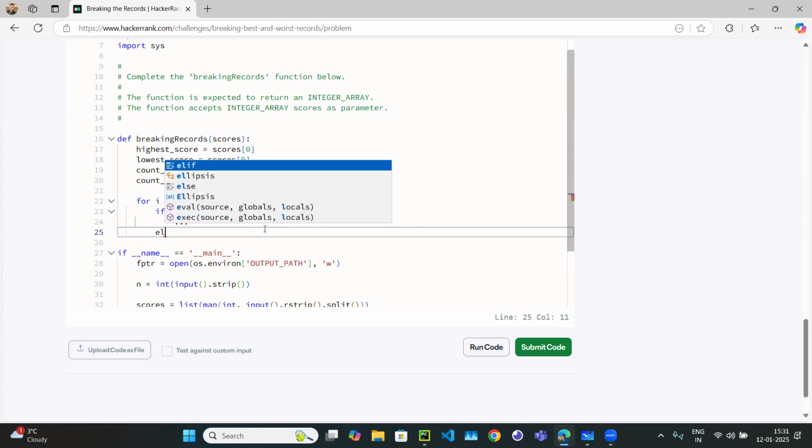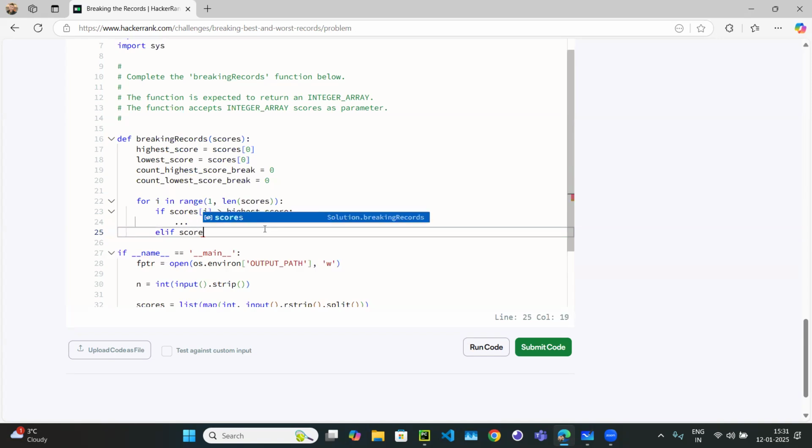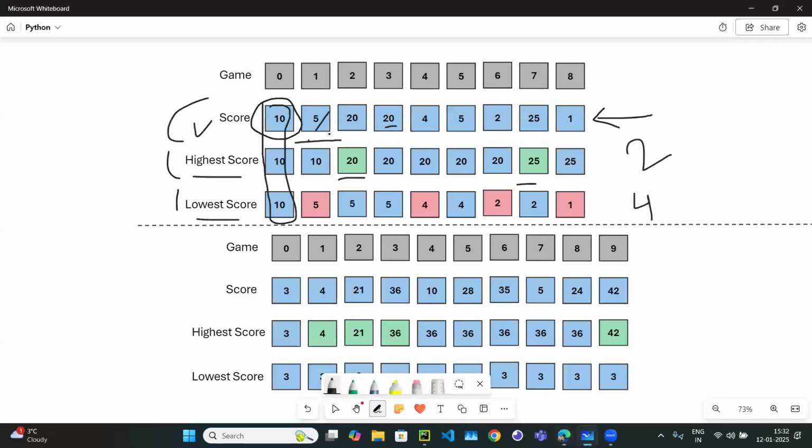Else, if scores of i is less than the lowest score. So 5 is greater than the highest score? No. So it means in the next game she did not break her highest score, but she broke her lowest score.